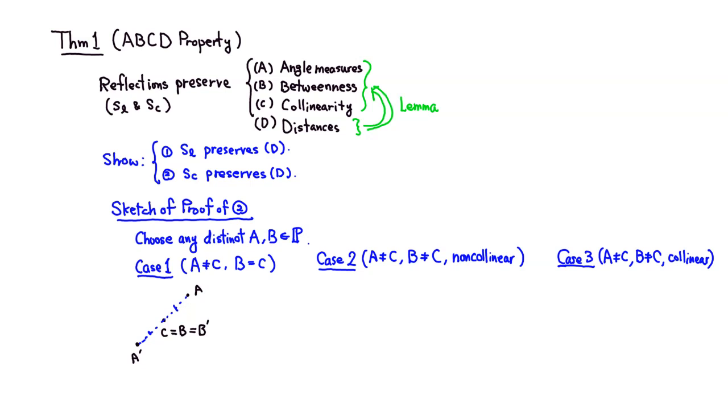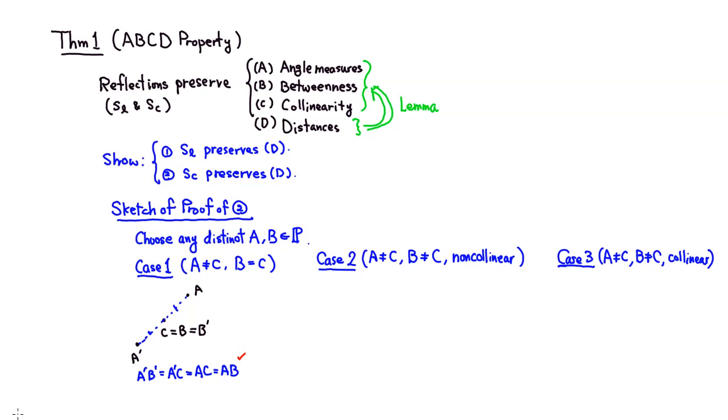The argument goes like this: if you start with A prime B prime, but B prime is the same as C, it's going to be the same as A prime C. But by definition of a point reflection, A prime C is the same length as AC. But C is the same point as B, so this is actually AB. Then we're done with this case.